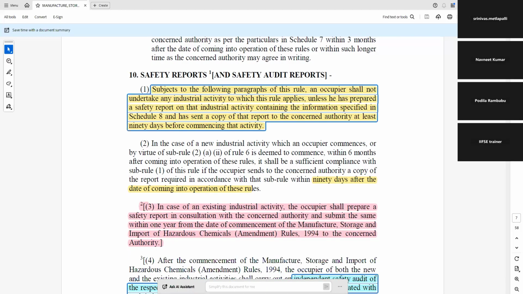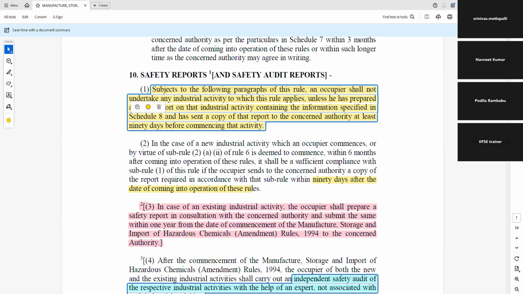Subject to the following paragraphs of this rule, an occupier shall not undertake any industrial activity to which these rules apply unless he has prepared a safety report on the industrial activity containing the information specified in Schedule 8 and has sent a copy of the report to the concerned authority at least 90 days before commissioning that activity.